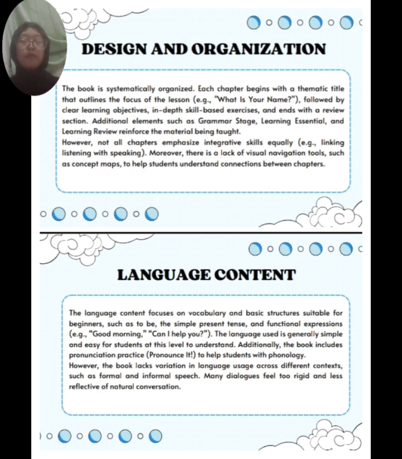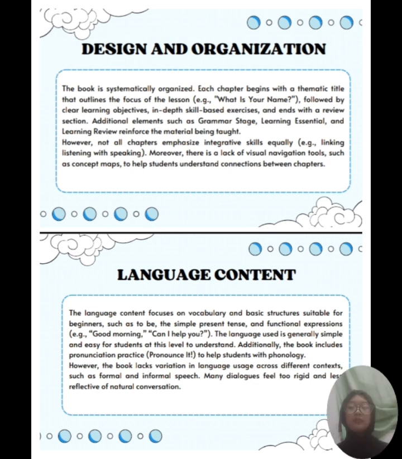The strength of the book is its consistent structure, which makes it easy to follow, and it includes self-evaluation elements. The weakness is the lack of visual variety to support visual learners. The suggestion is to incorporate infographics, diagrams, or tables as visual aids to connect concepts across chapters.